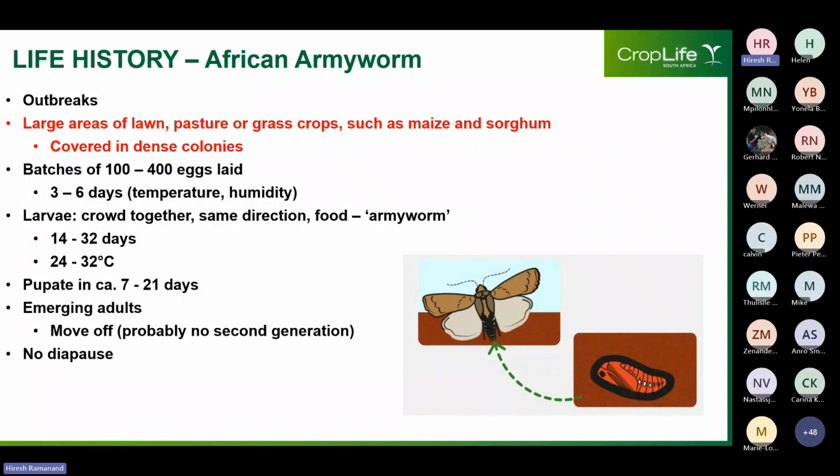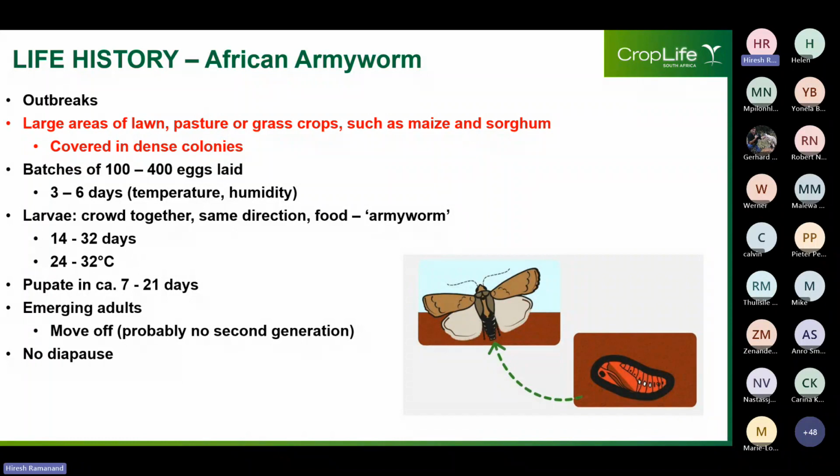Now, as I mentioned earlier, what many notice with regard to this species are large areas of lawn, pasture, or grass crops such as maize and sorghum, covered in dense colonies of larvae, which can virtually happen overnight. So why is this the case? African armyworm outbreaks are known for their unexpected sudden appearance, and this has led to the common name mystery worm.